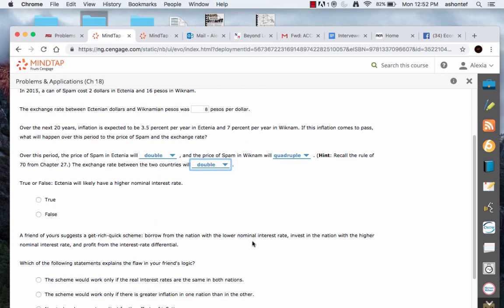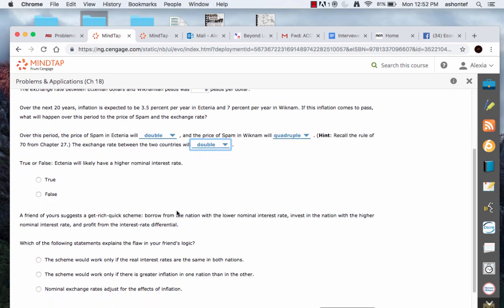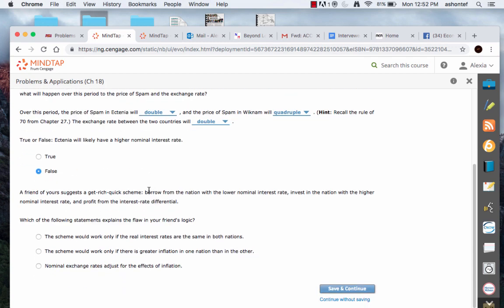Then, will the nominal interest rate be higher in Ecnia? It's going to be false. And for the very last part of this question, you're going to put that nominal exchange rates adjust for the effects of inflation. Good information to know.